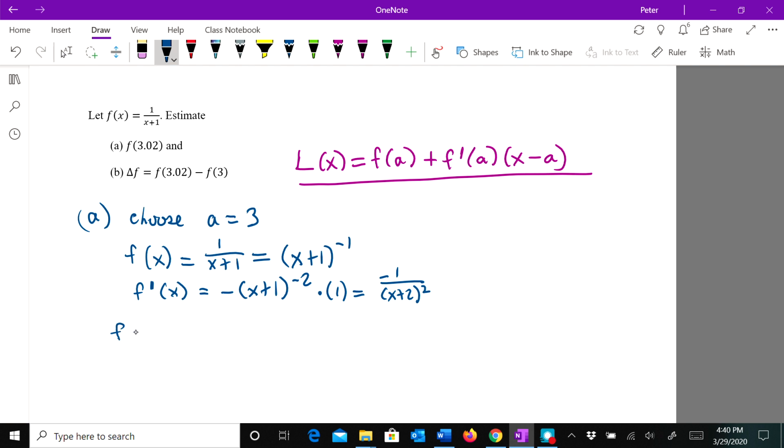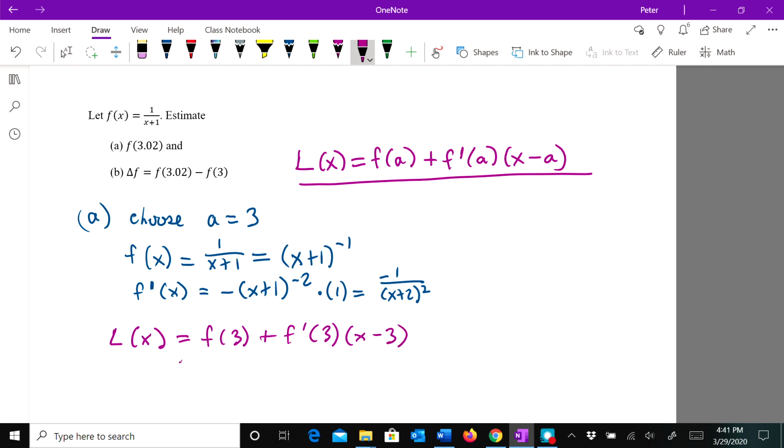Okay, so if A equals 3, we're going to find the linearization of f. I'm going to keep the color scheme consistent. So L of x is going to equal f of 3 plus f prime of 3 times x minus 3.